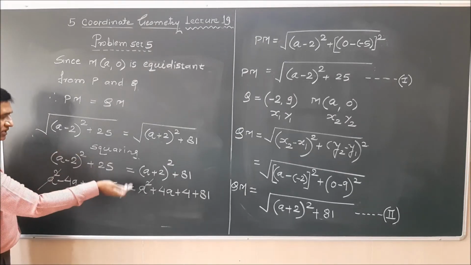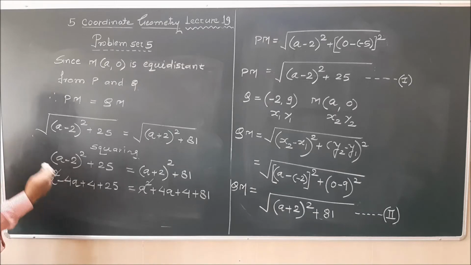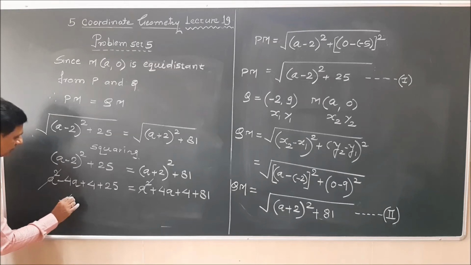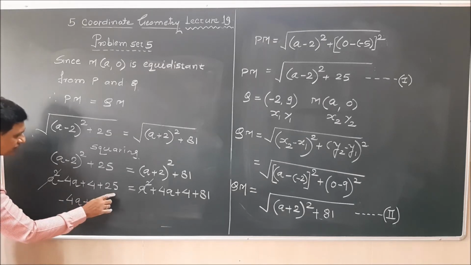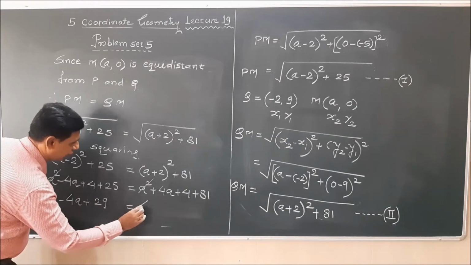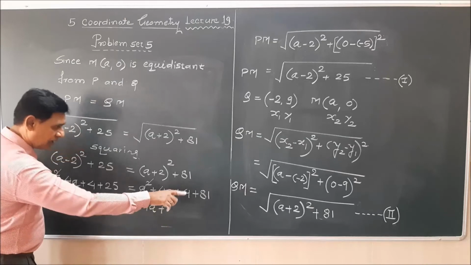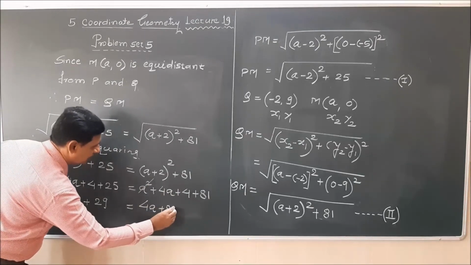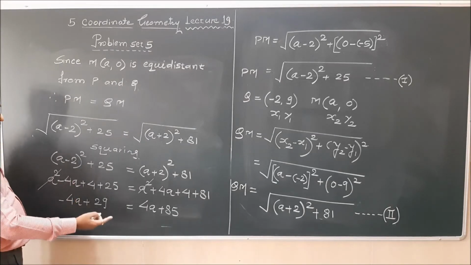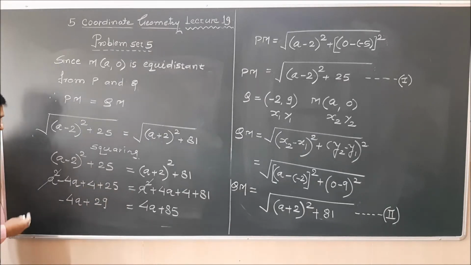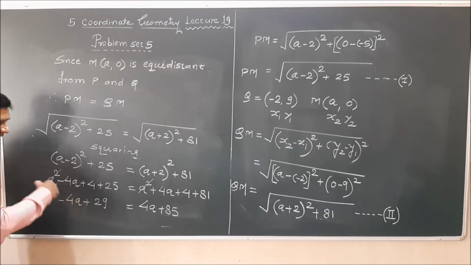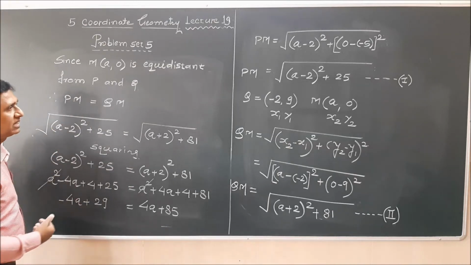Now minus 4a plus 25 plus 4, that is 29, is equal to 4a plus 81 plus 4 is 85. So minus 4a plus 29 is equal to 4a plus 85. Now I will transfer this 4a to the left hand side and 29 to the right hand side.